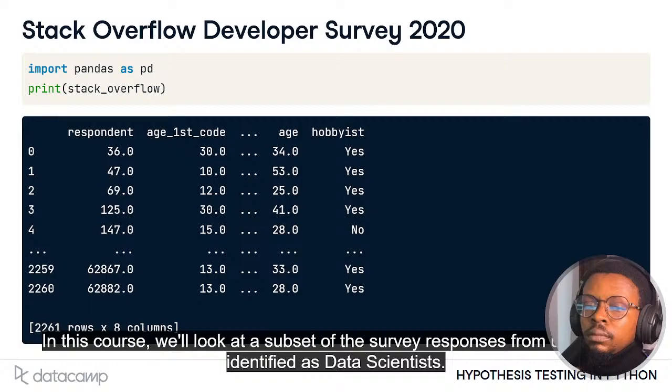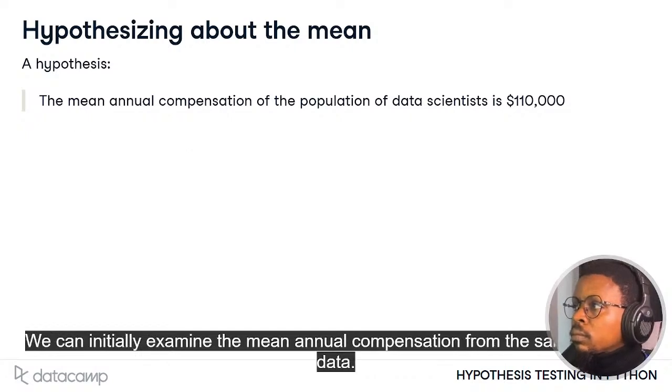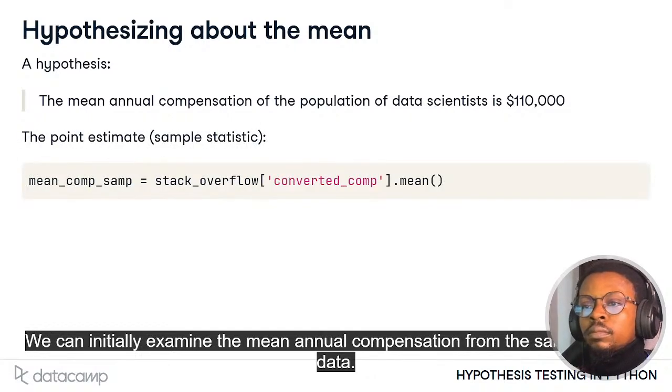In this course, we'll look at a subset of the survey responses from users who identified as data scientists. Let's hypothesize that the mean annual compensation of the population of data scientists is $110,000. We can initially examine the mean annual compensation from the sample survey data.